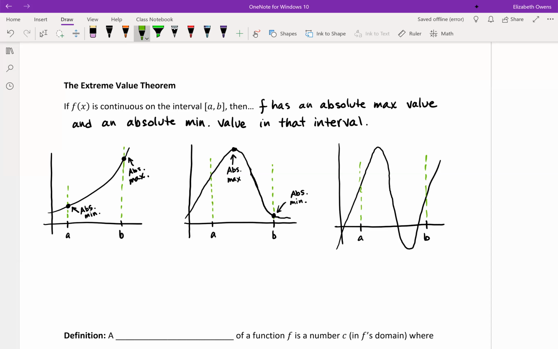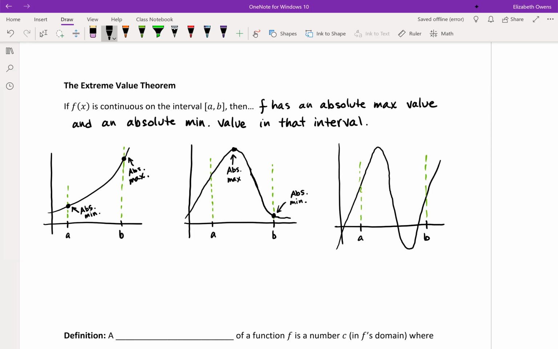And we would like to look for our extreme values. It is a continuous function. Even if we don't know what its formula is, we can identify that there are no breaks, holes, vertical asymptotes, anything going on there. So we are going to have an absolute maximum and an absolute minimum, but it just so happens here that neither of those are at the endpoints.